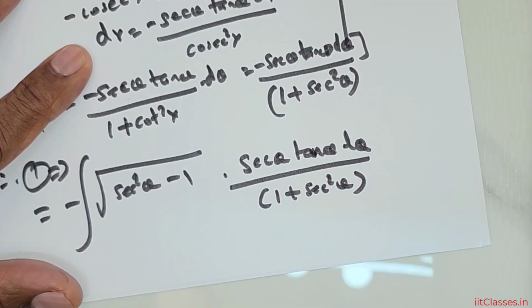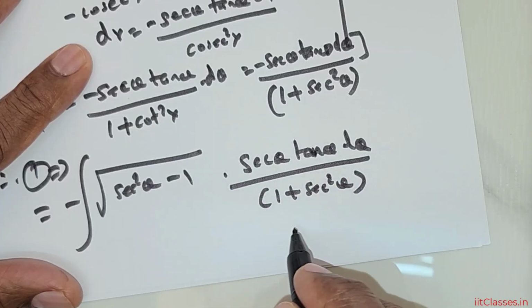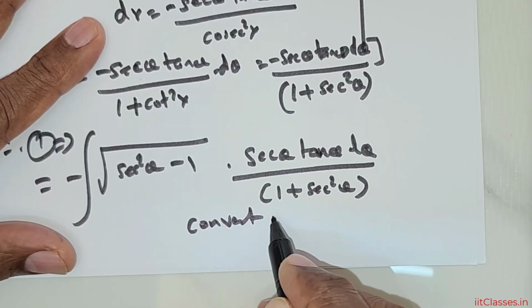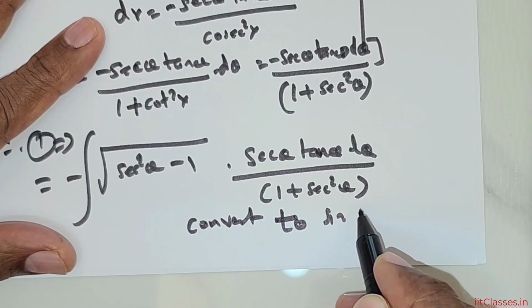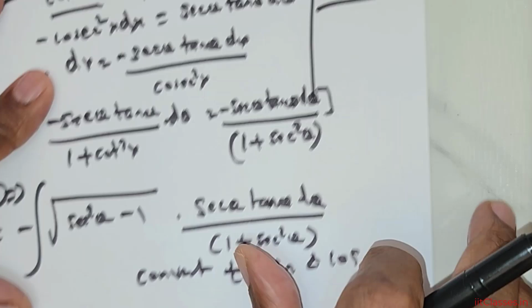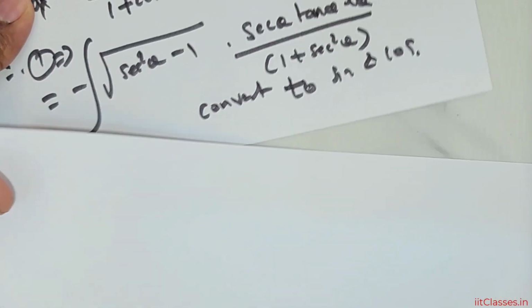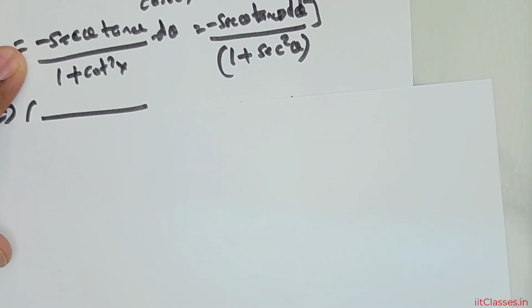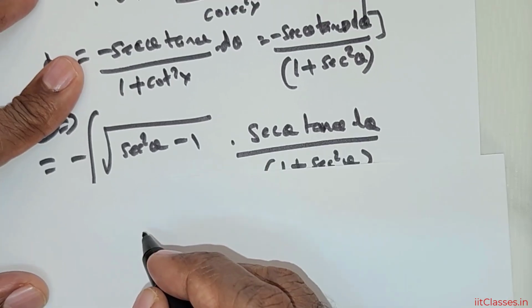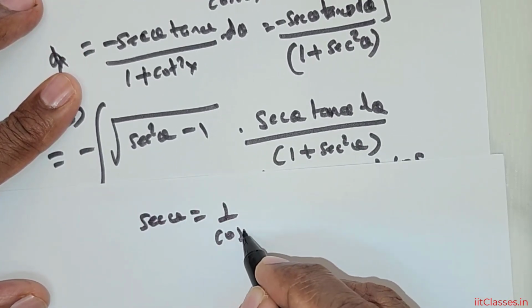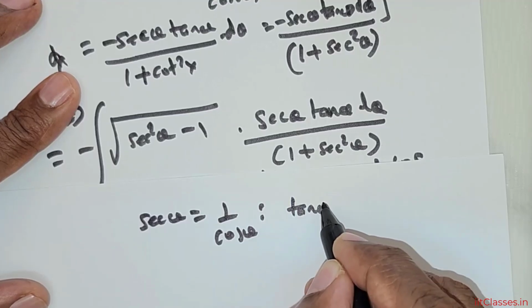Now what you got to do is convert everything to sine and cos. I'm going to the next side so that I can have this in the frame. Now what is secant theta? Secant theta is 1 over cos theta. What is tan theta?